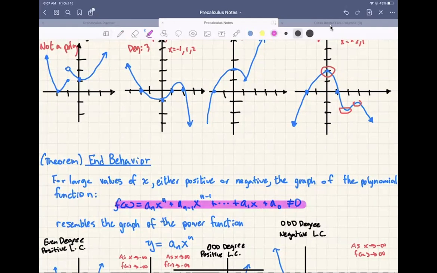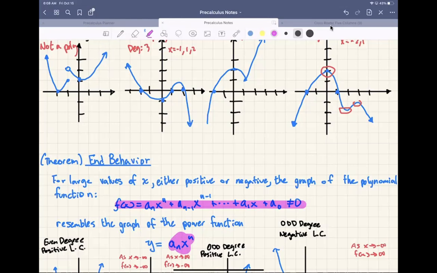For any polynomial, if you go to large values of x, like negative 1 million or positive 1 million, the graph is going to resemble the power function of the highest term. So let's say you have the polynomial x to the fifth minus x cubed plus 3x plus 2. Then your graph, overall towards the ends, is going to look like x to the fifth, the power function of x to the fifth.